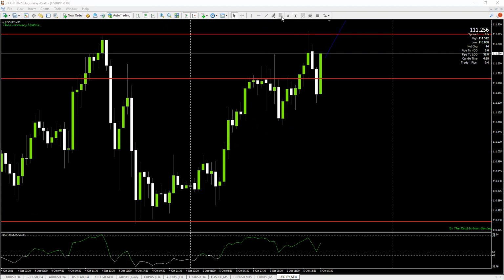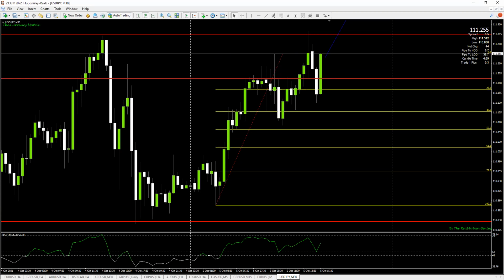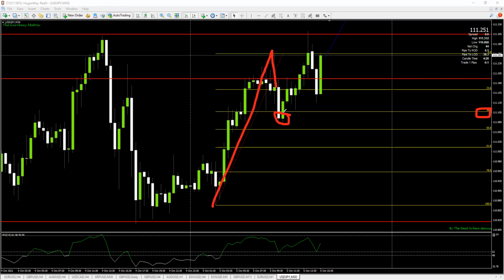So now let's use the Fibonacci again. This time let's take it all the way from here to here. Now look at the Fibonacci. 38, 38 bounce, which gives us an opportunity to take advantage of an ABCD pattern.